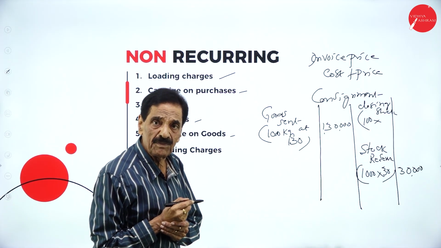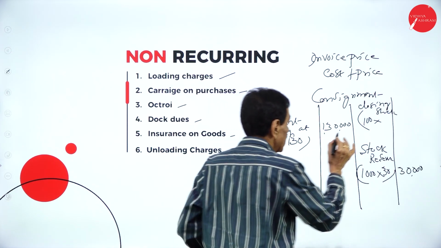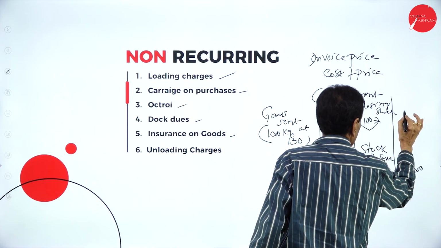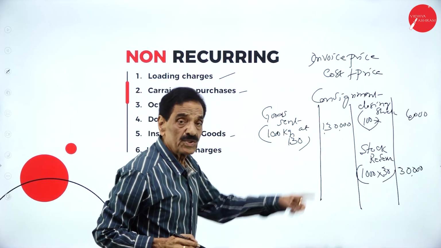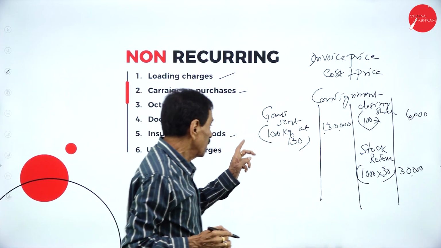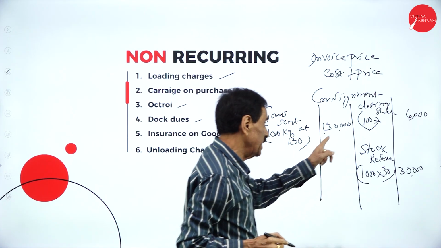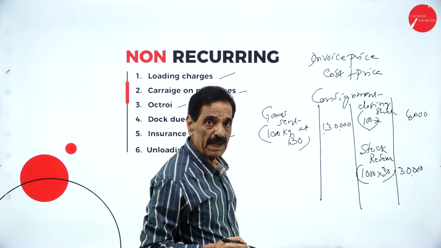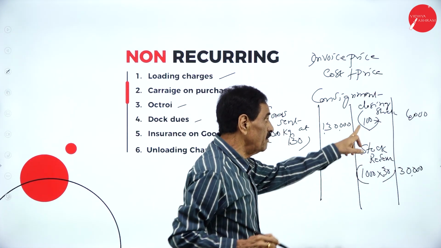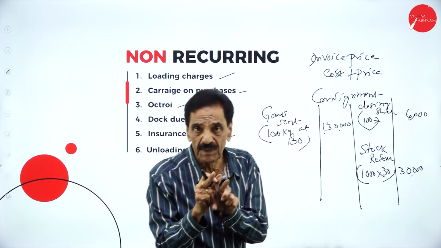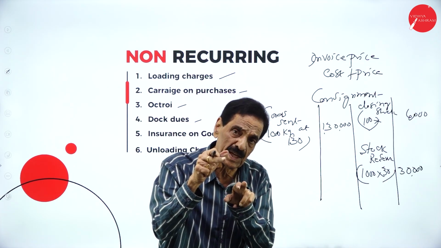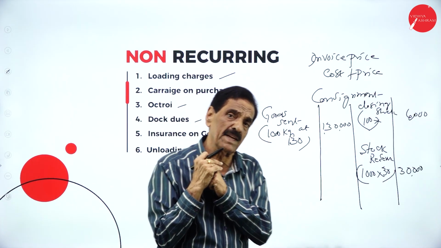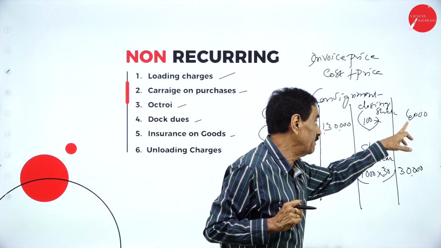For the value of closing stock for 100 kg, we take the value of stock in the consignment account, plus the proportion of expense of the consignor, plus the proportion of expense of the consignee. The total value will come here.